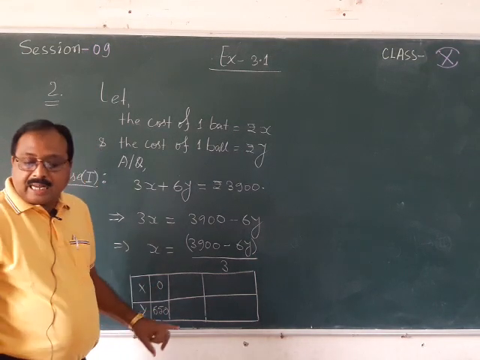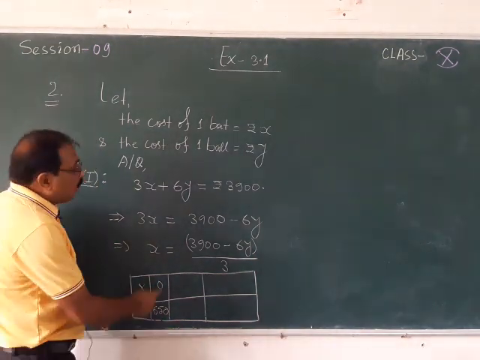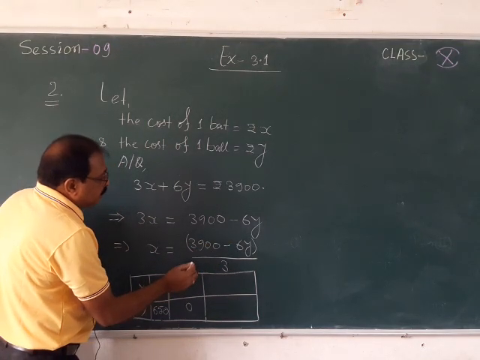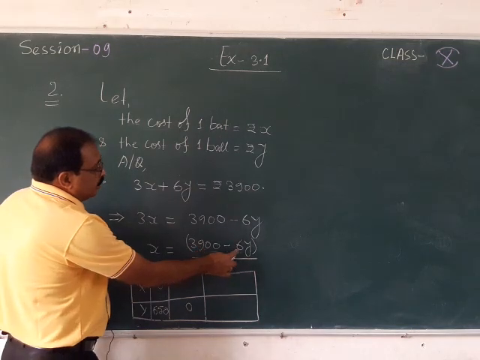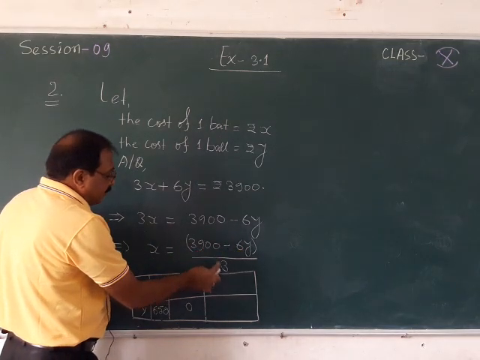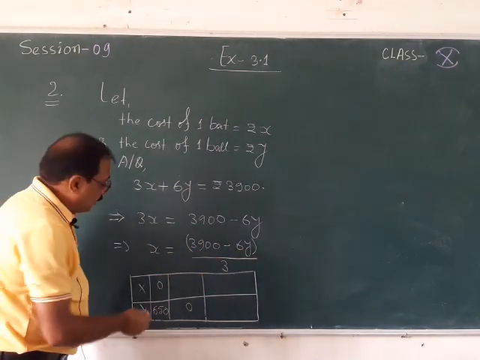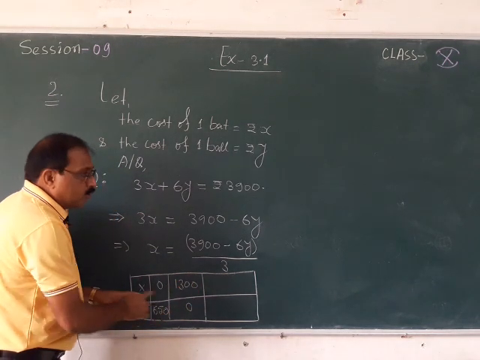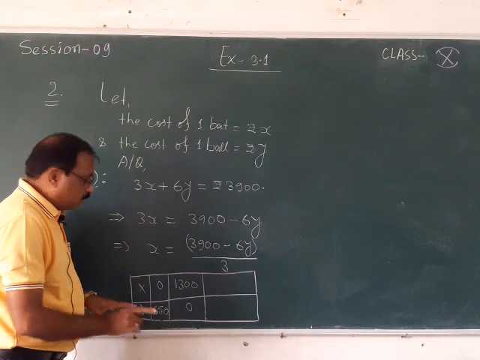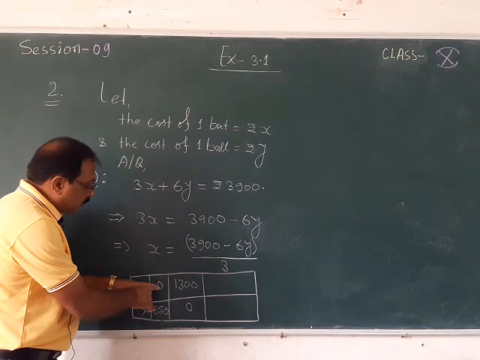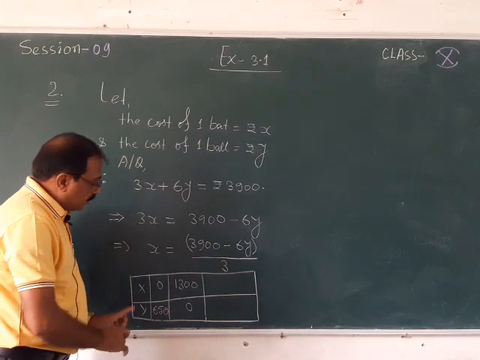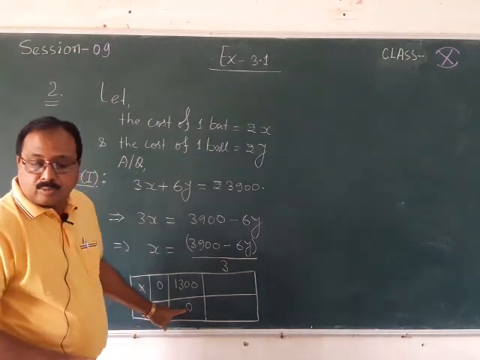Now suppose I am taking y as 0, then x becomes 3,900 by 3, since 6 into 0 is 0, which gives you 1,300. So at this stage both zeros are coming. For x is 0, y is 650, and if x is 1,300, then y is 0.